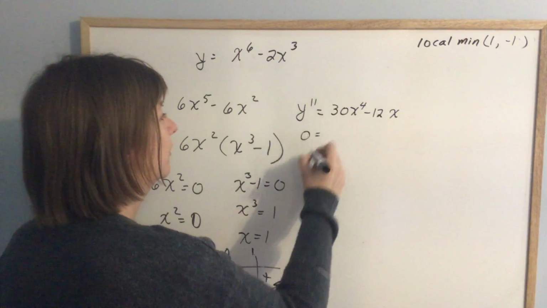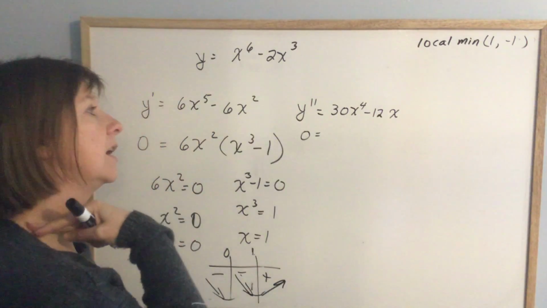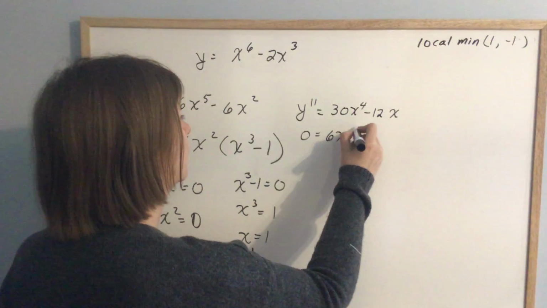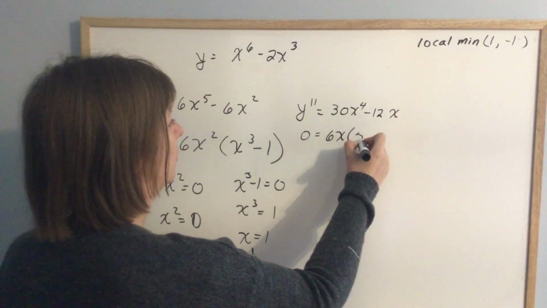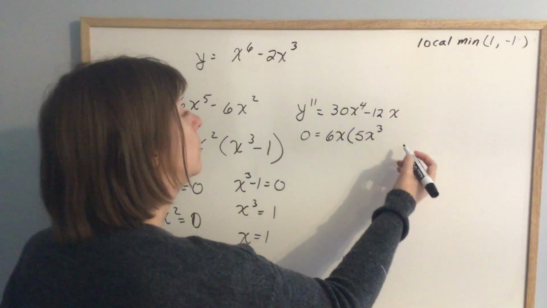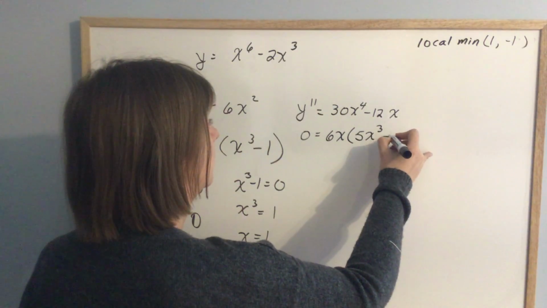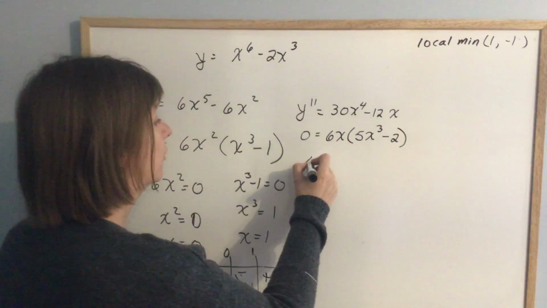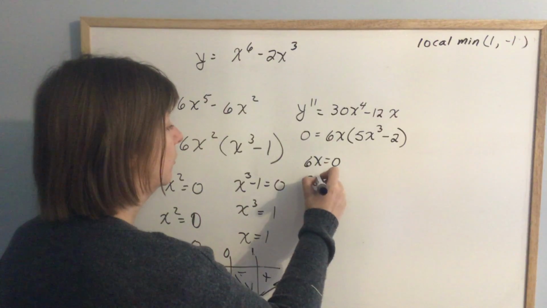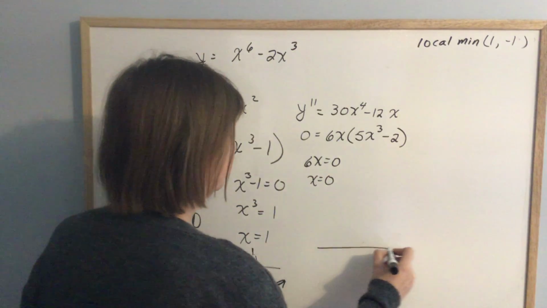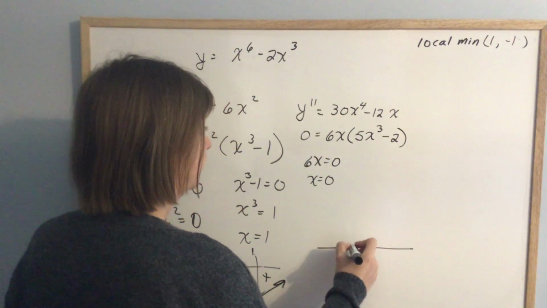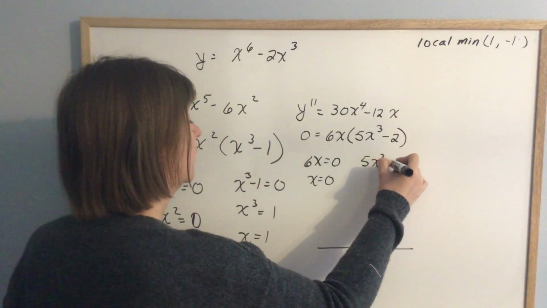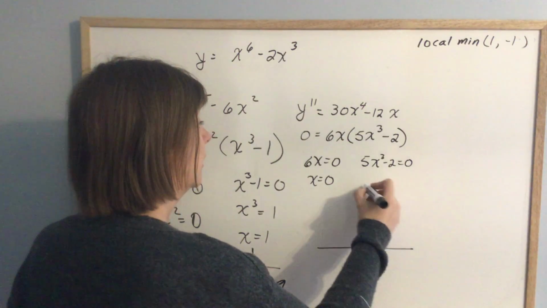So make that equal to 0, and I can't take out 12, but I could take a 6x out, which would leave me with 5x cubed minus 2. That's disgusting. So 6x could equal 0, which means x could be 0. Or 5x cubed minus 2 could be 0.